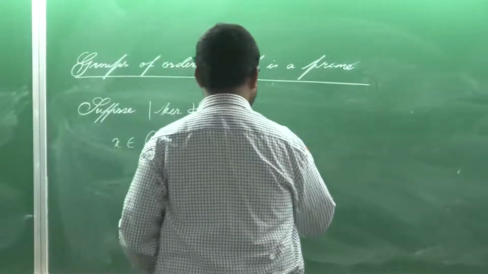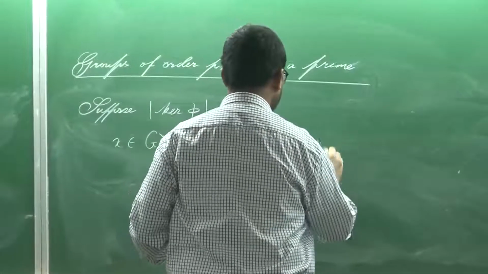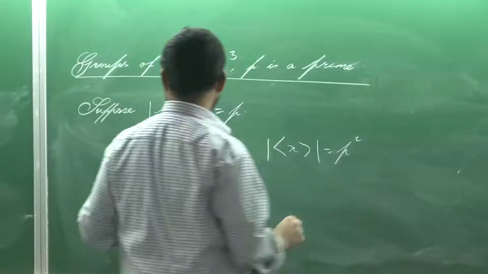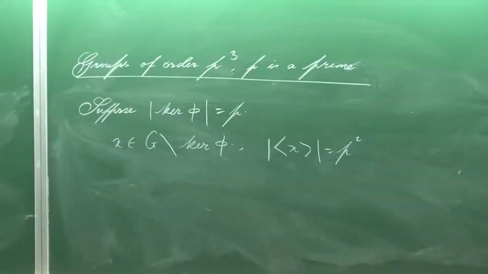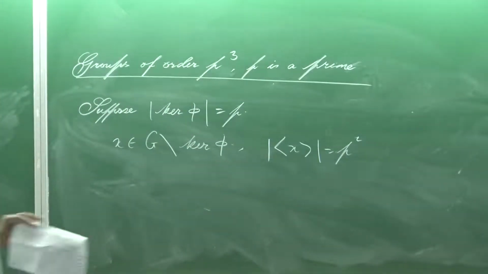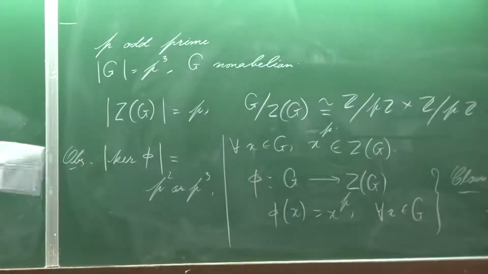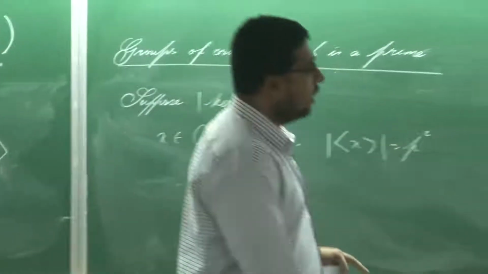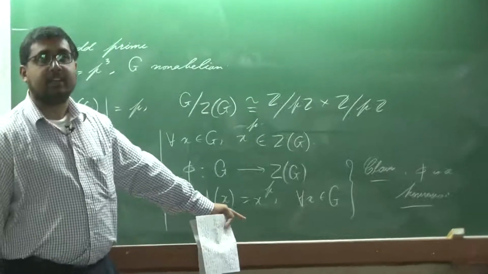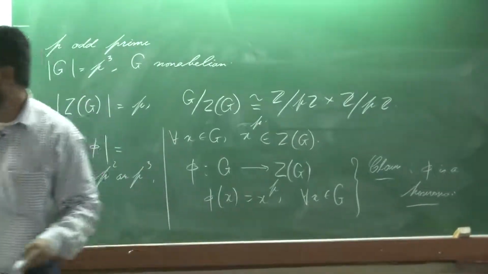Then x must have order p square. Why? Because what are the possibilities of the order of x? X is not identity. X cannot have order p cube, because then G will be cyclic, so in fact G will be abelian. Order of x cannot be p either, because all the elements of order p are contained inside the kernel. Hence the only possibility is p square.